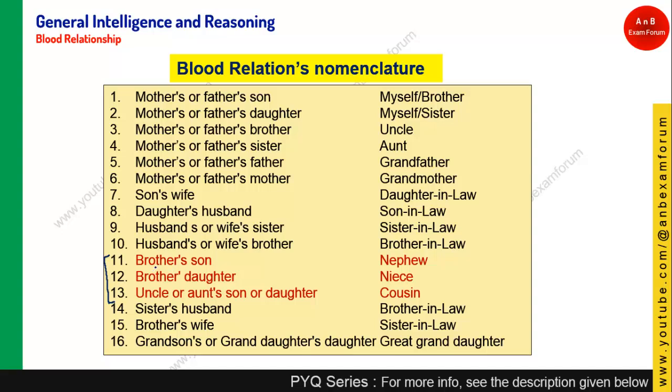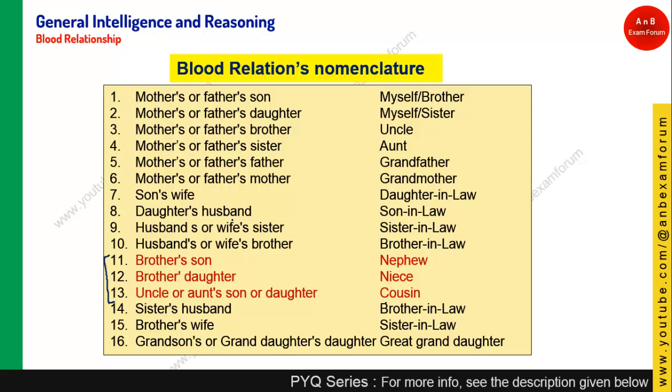So brother's son is nephew, and brother's daughter is niece, and uncle or aunt's son or daughter are called cousin. It can be cousin brother, cousin sister. Based on this, you can have a look at those blood relations.